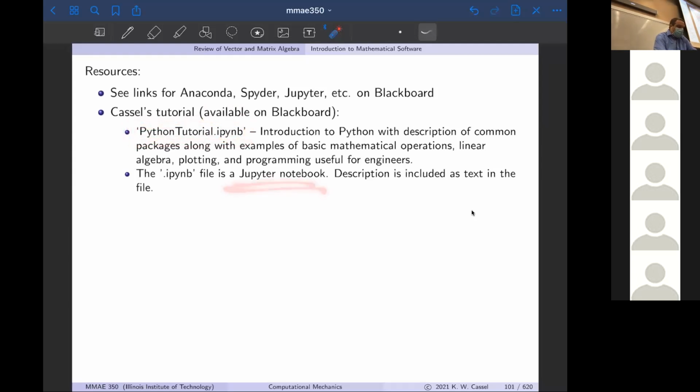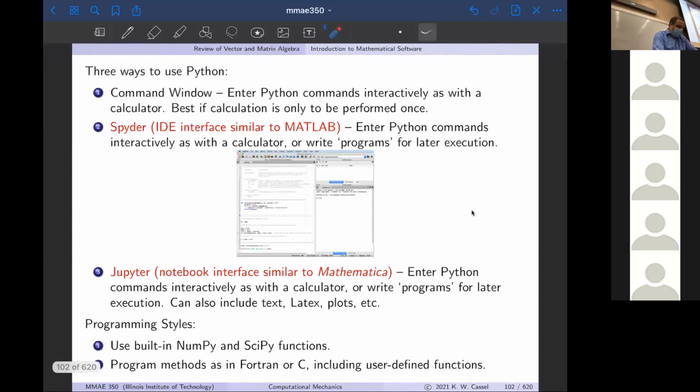So a Python file is .py. A Python Jupyter notebook, which is my preferred way to access and interface with Python, is an .ipynb file, Jupyter notebook.